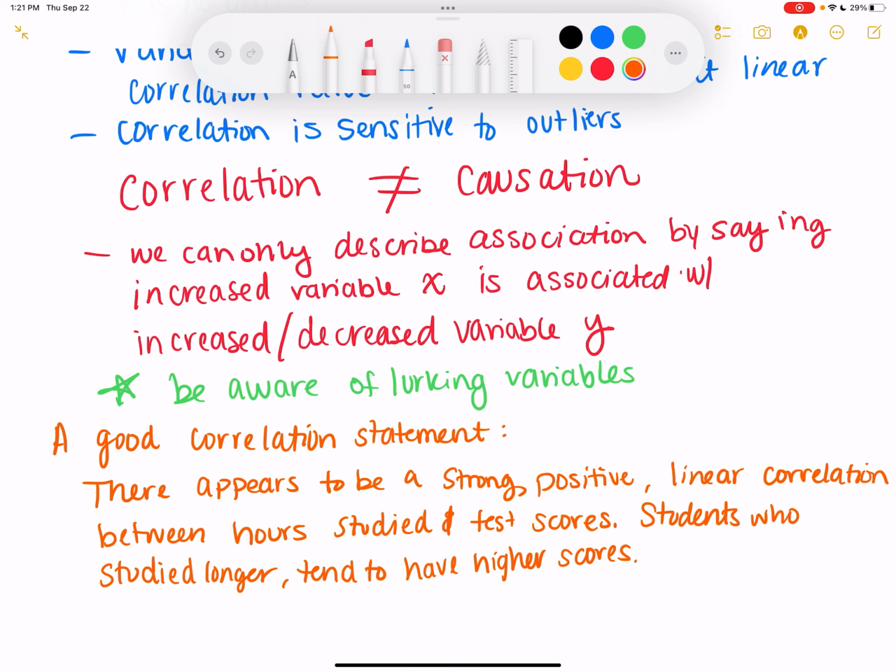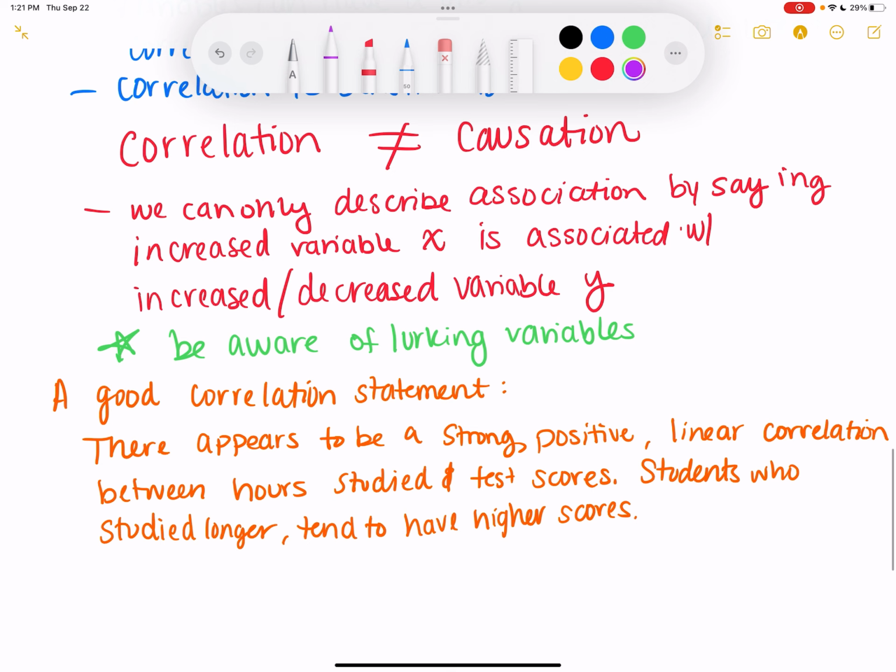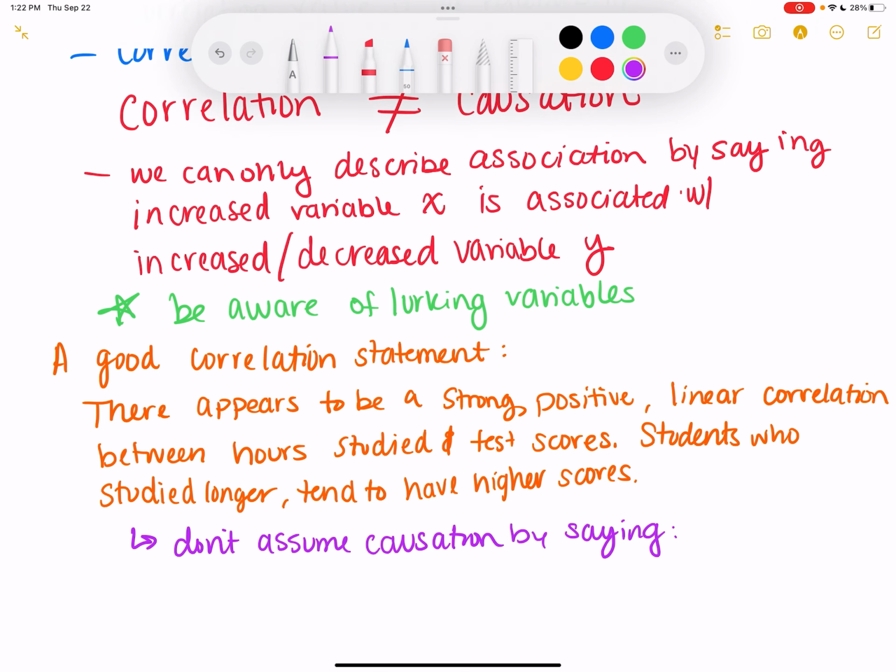Now, something that we wouldn't want to say, don't assume causation, by saying if a student studies for more hours, their score will increase.